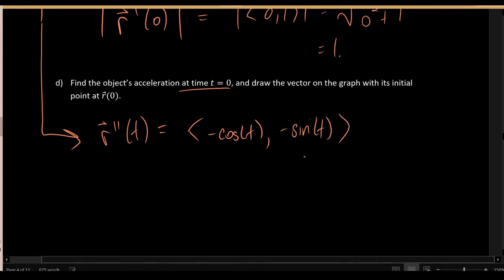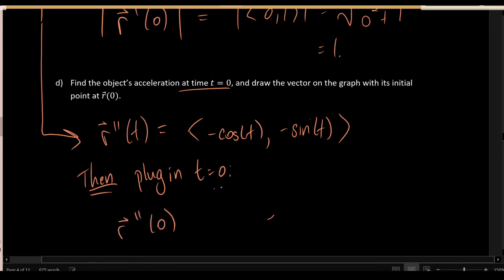And now that that has been calculated, now I can calculate what I get when t is equal to 0 specifically. So r double prime, the acceleration, at time t equals 0, is negative cosine 0, which is -1, and negative sine of 0, which is 0.